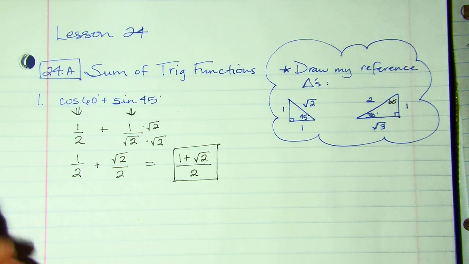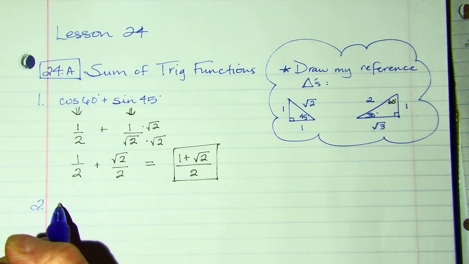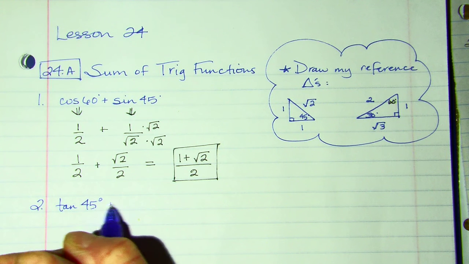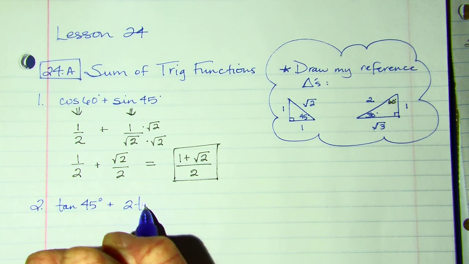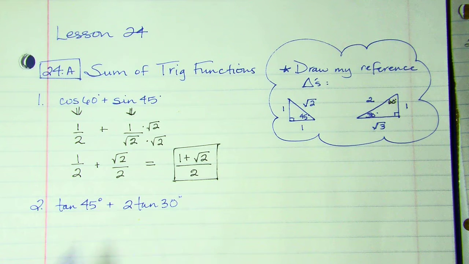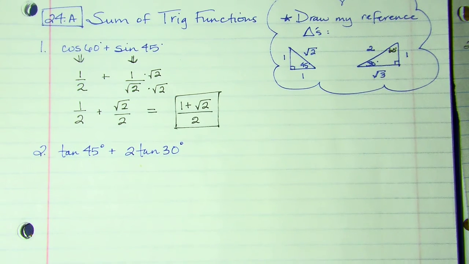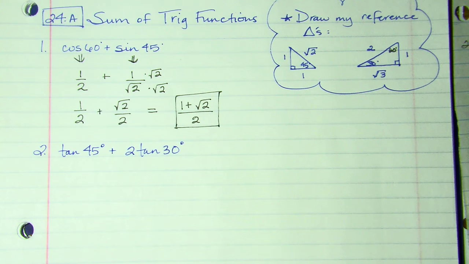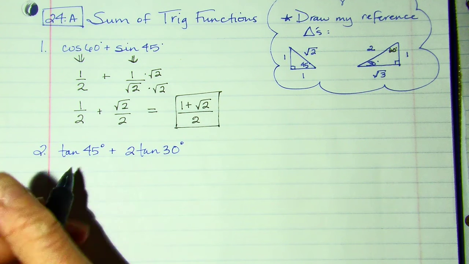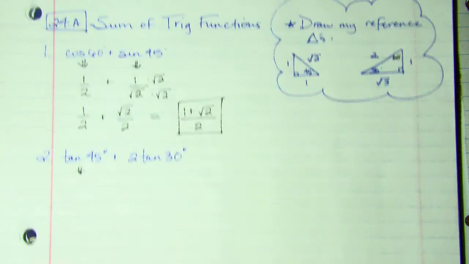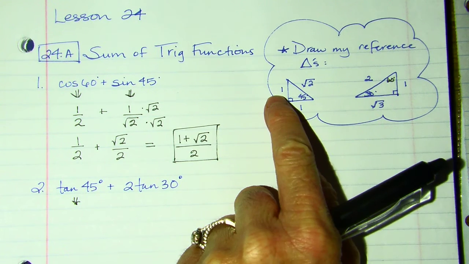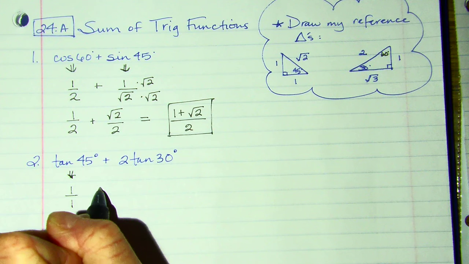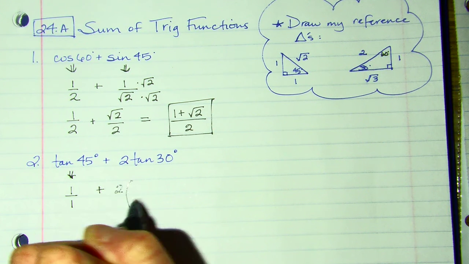All right, next one. The tangent of 45 degrees plus 2 times the tangent of 30 degrees. So when I see this, remember I'm reading this as 2 times the tangent of 30. Okay, so let's start with the first one. Tangent of 45 would be opposite over adjacent, so 1 over 1 plus 2 times the tangent of 30.